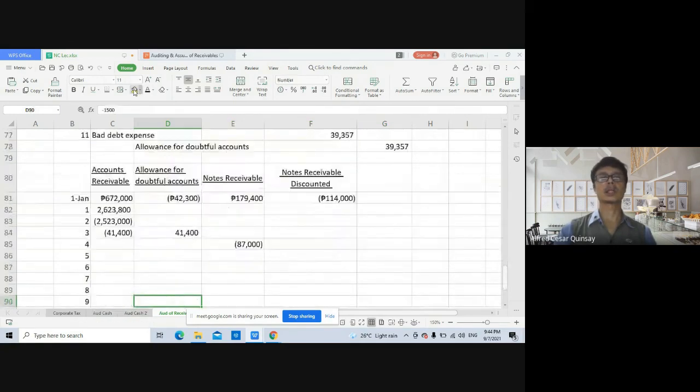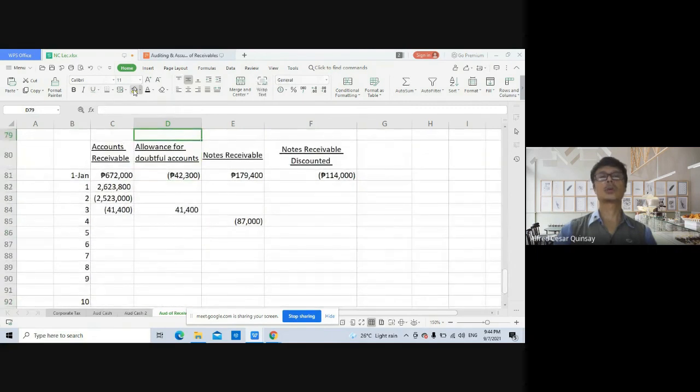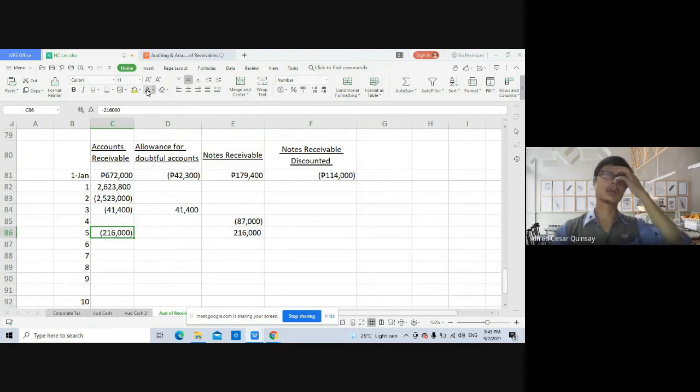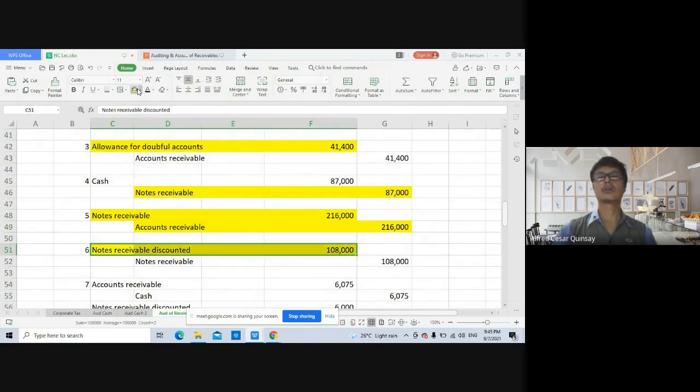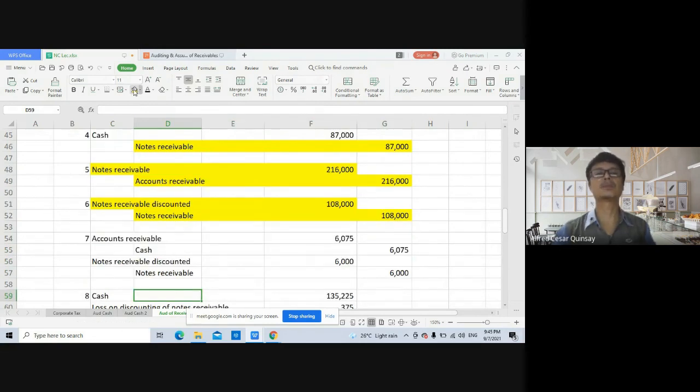So, punta natin dito. So, yung notes receivable, number 5, naka-debit siya. So, that's positive, no? Okay, so this is for 216,000. And this one is negative. Okay, so for 216,000. Okay, and then the next one, number 6, notes receivable discounted for 108,000 and notes receivable credit for 108,000.